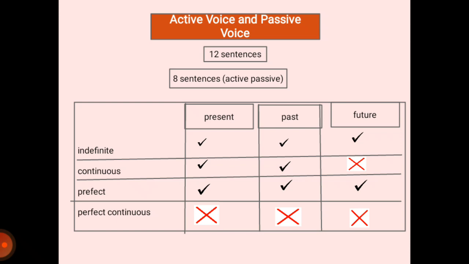Now you can see a tick on present indefinite, which means we make active and passive voice of present indefinite. Similarly, present continuous, present perfect, past indefinite, past continuous, past perfect, future indefinite, and future perfect. So these are the tenses of which we make active and passive voice.